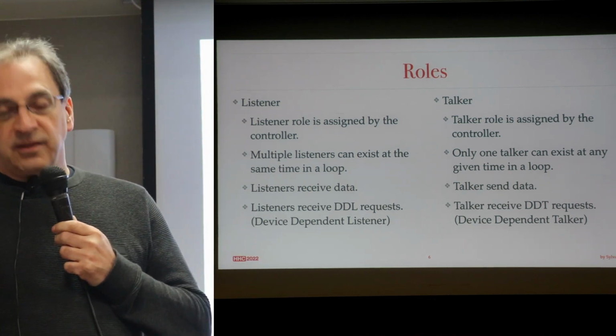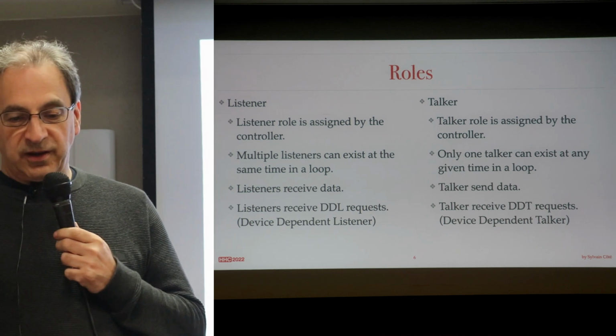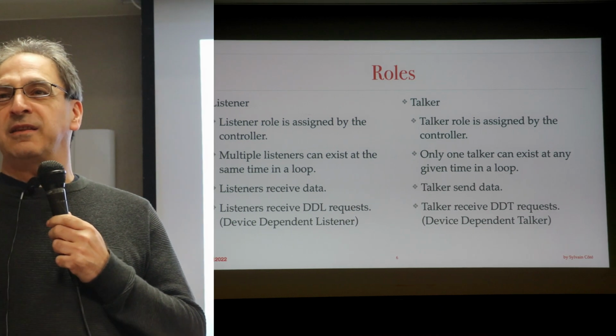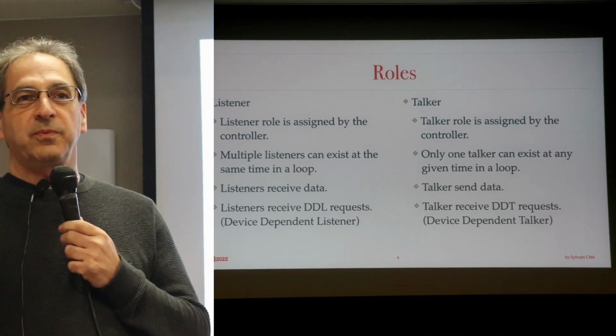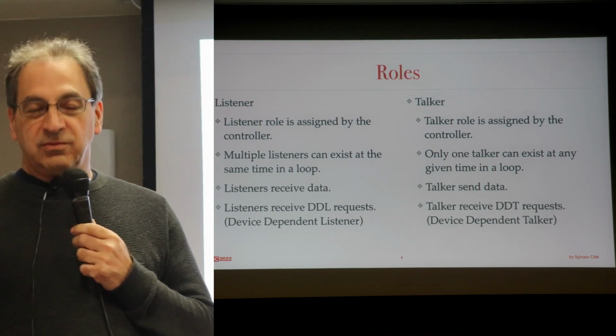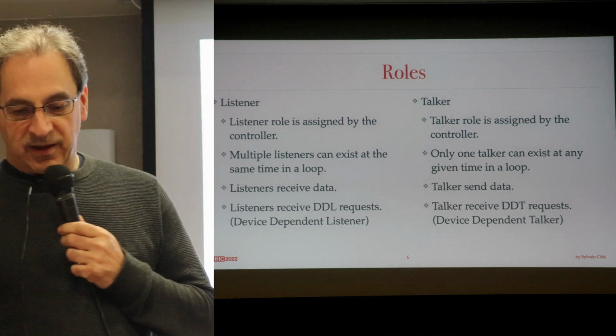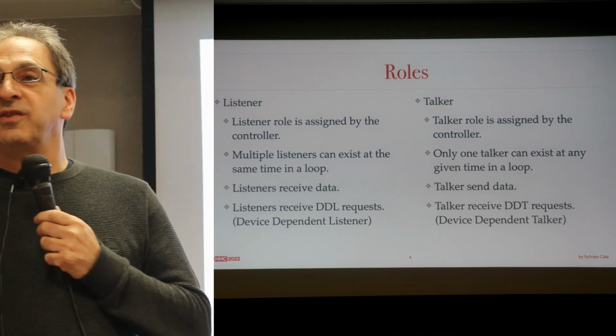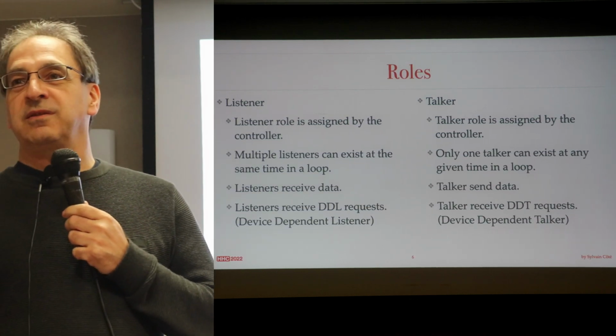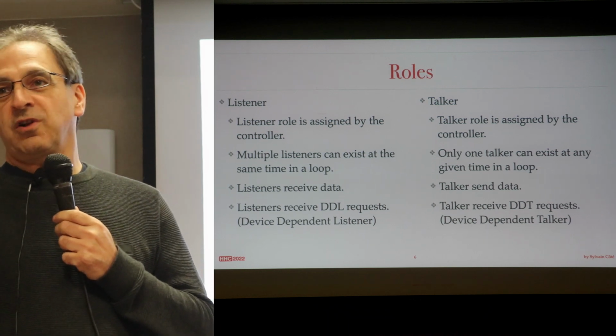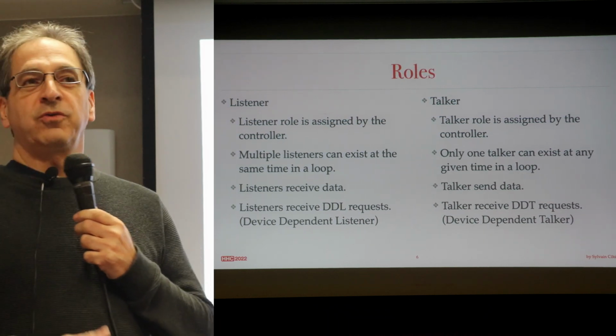A talker, again, is assigned by the controller. There is only one talker that can exist at the same time in a loop, and the goal of the talker is to send data, and the controller can send the device-dependent talker request to the talker. So we're going to go over that.